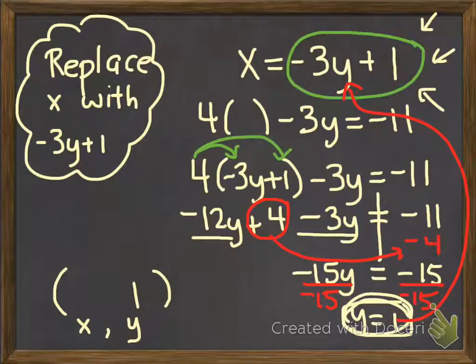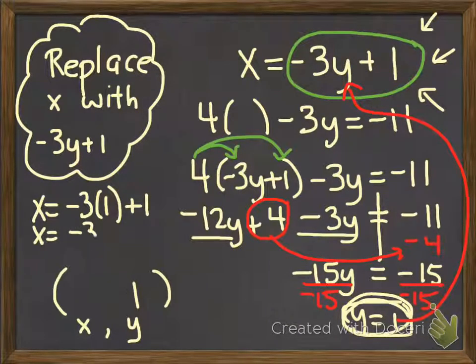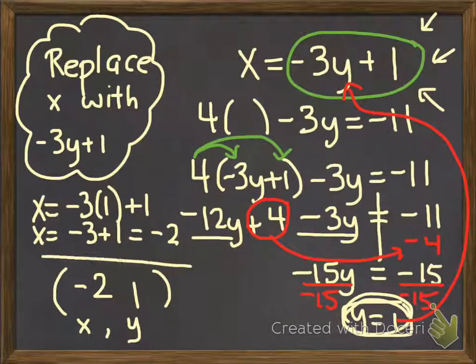So to find x, it's negative 3 times, we know that y is 1, plus 1, so x equals negative 3 plus 1, which equals negative 2. So the x-coordinate is negative 2. So that's the point of intersection for the two lines.